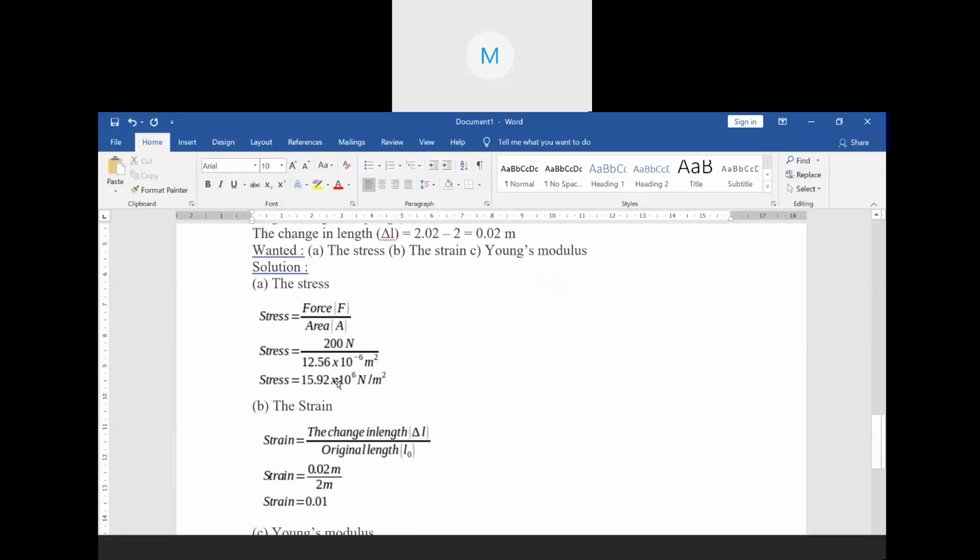We have to be specific with the units and the power up to which it has been done. Someone has written only 15.92, I can see in the chat.